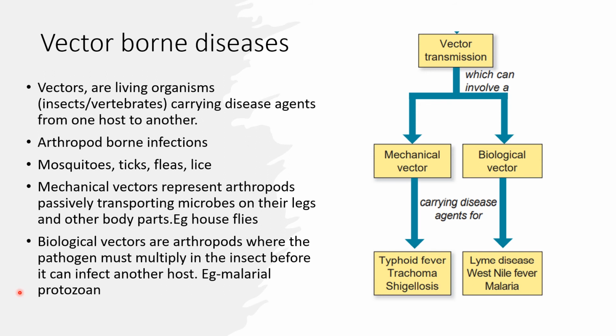It will increase in number. And then when that infected insect bites a person, through its saliva, the malarial parasite enters the human body. So here the malarial parasite will grow both in the mosquito and also in the human body. In such a case, the mosquito is called a biological vector.